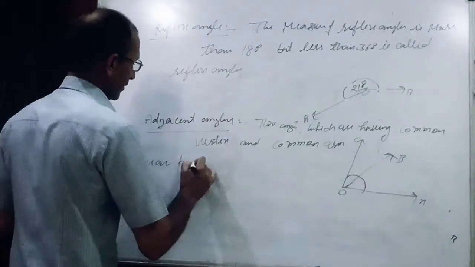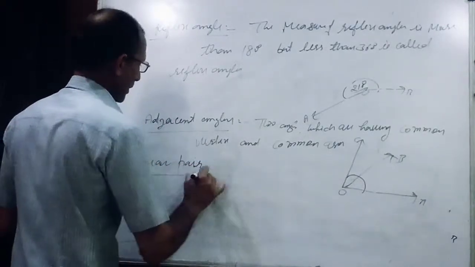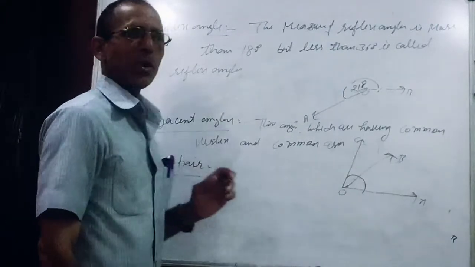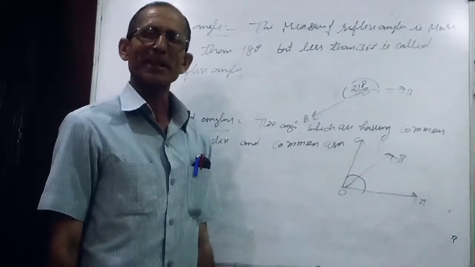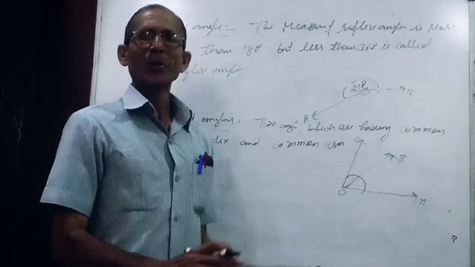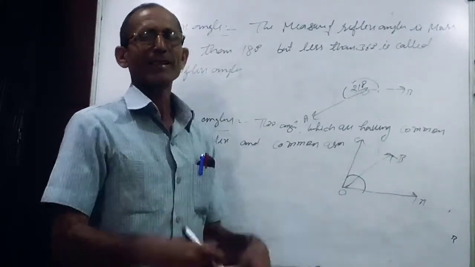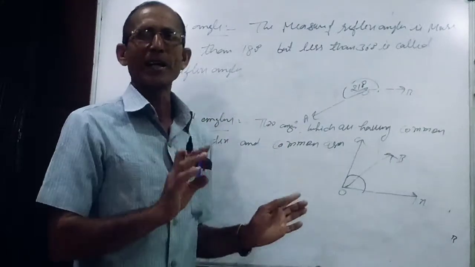Linear pair. If the sum of two adjacent angles is 180 degrees, it is called a linear pair. Just as I told you about adjacent: adjacent means common vertex and common arm.